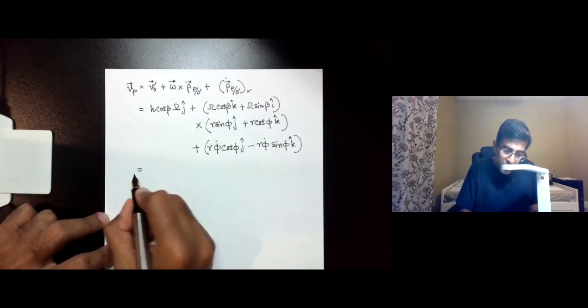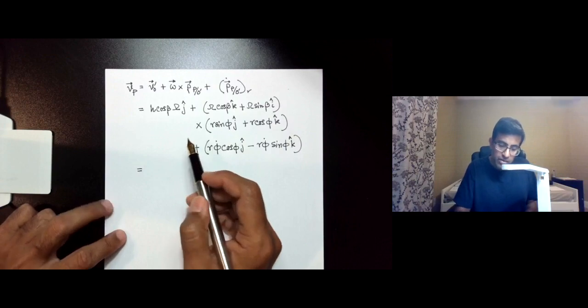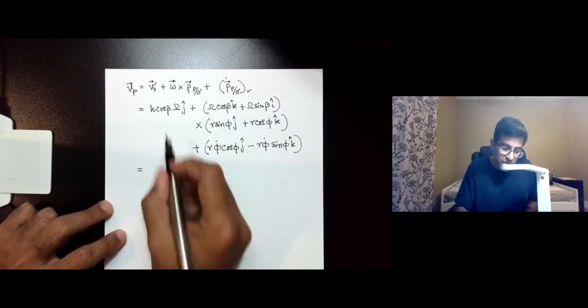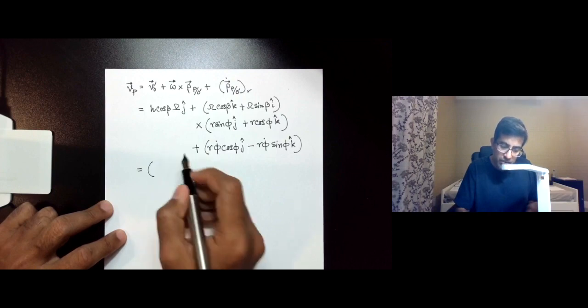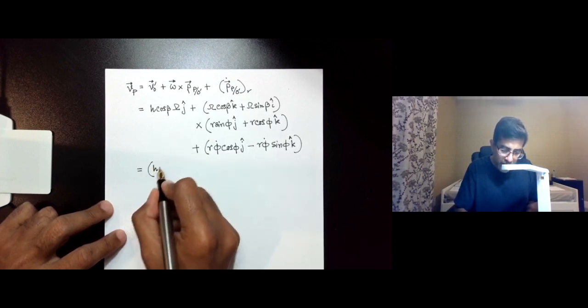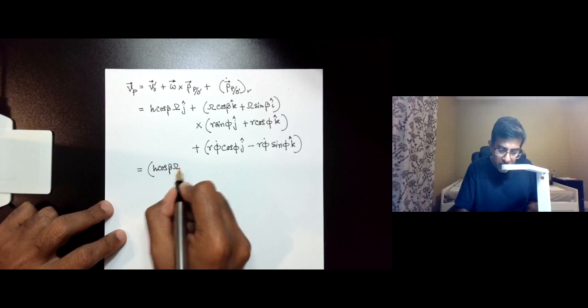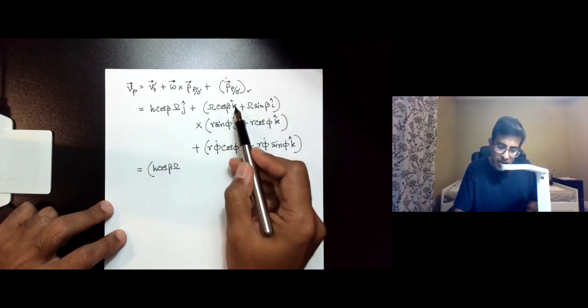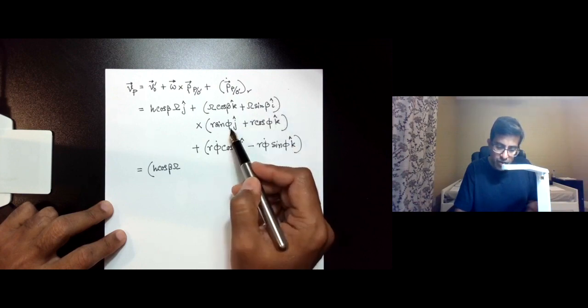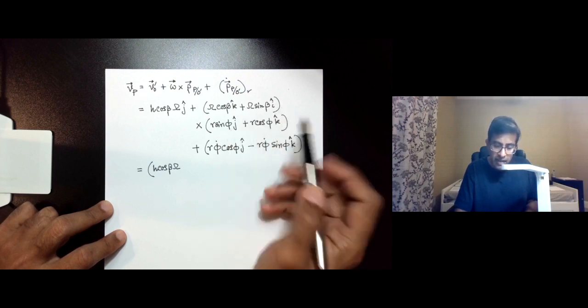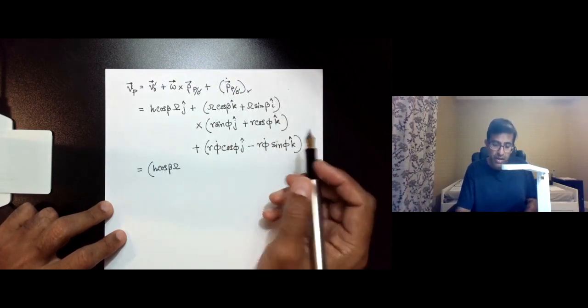Alright, so let us carry out the cross products and do the addition. So I'm going to just cluster all the terms that have j in them together first. So h cosine beta omega, that's a j term. K cross k is going to be 0, k cross j is going to give me, I cross j is going to give me k, and I cross k is going to give me a j.